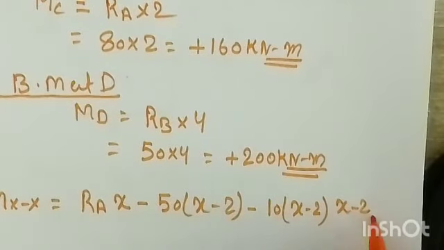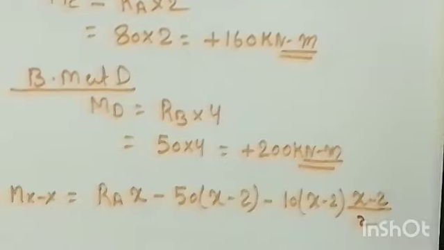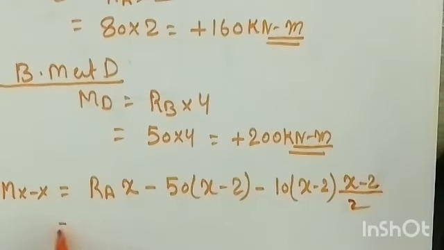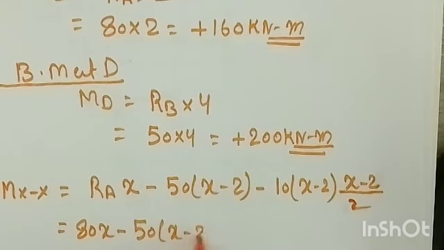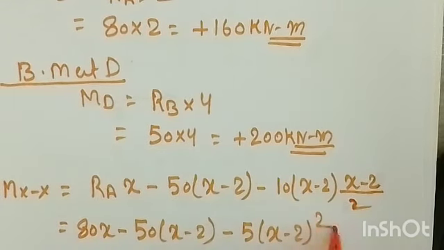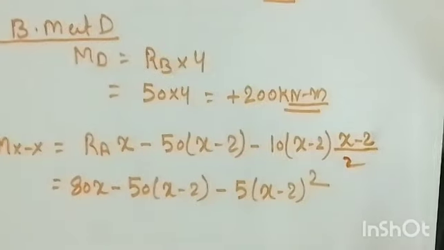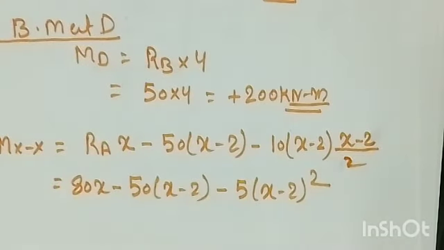It will act at the center of gravity, meaning X minus 2 by 2. If I simplify this, RA is 80, so 80X minus 50 into X minus 2, minus 5 into X minus 2 whole square. So we got the moment at XX.